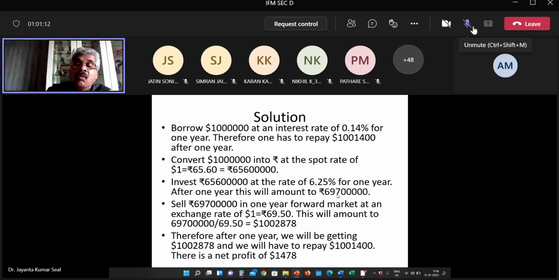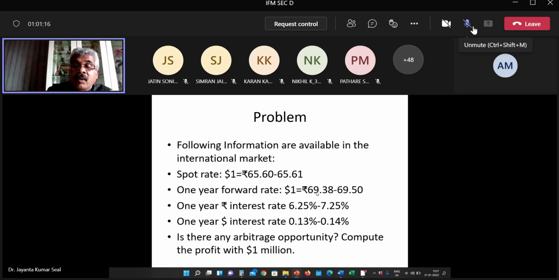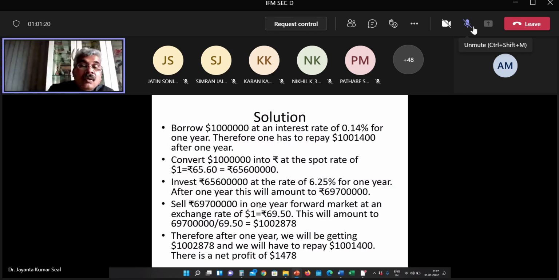So in the 1 year forward market, you will have to buy dollar. If you buy dollar in the 1 year forward market, what is the rate? 69.50. So sell 69.70 million rupees in the 1 year forward market at an exchange rate of $1 equal to 69.50.